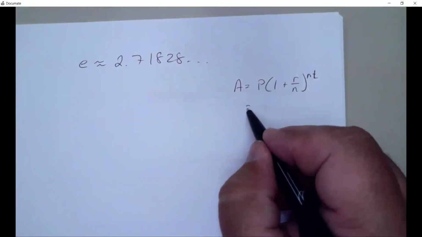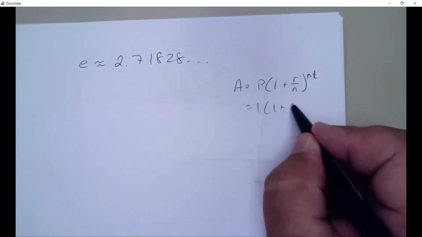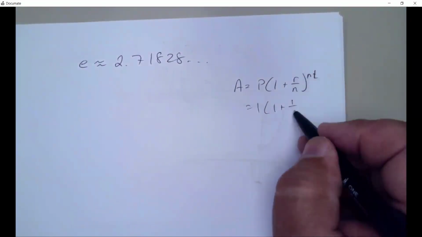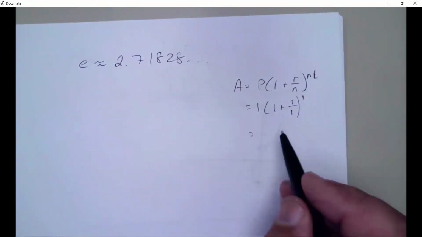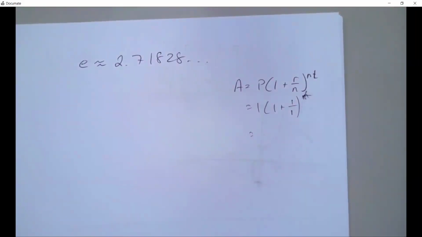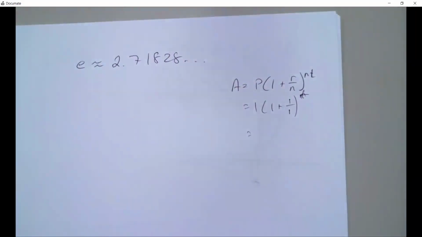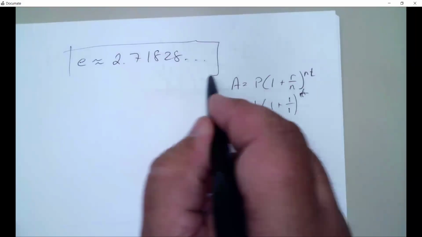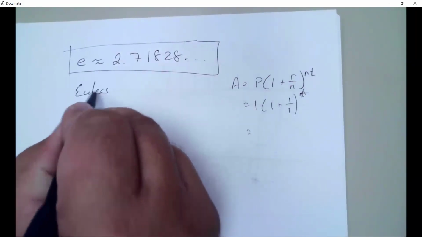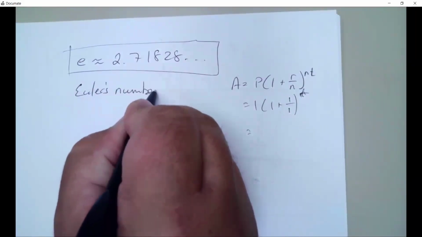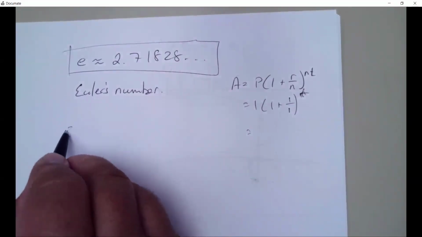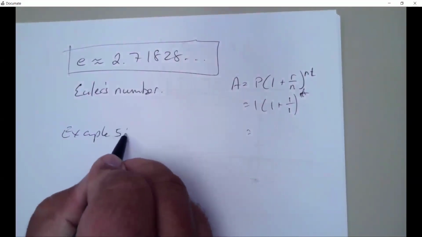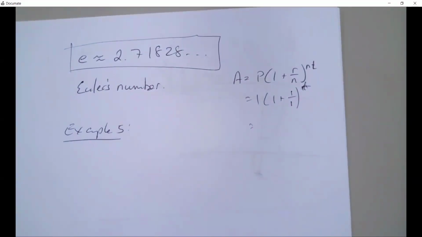Because if you borrowed $1 at 100% for 1 year, and you keep on changing the time, eventually that number is going to keep on going, adding up to 2.718. So we just call that e. It's called Euler's number. Euler, E-U-L-E-R.